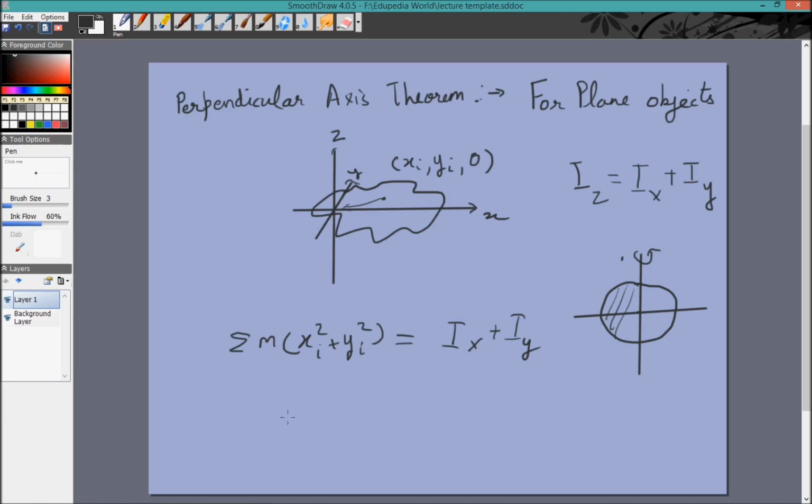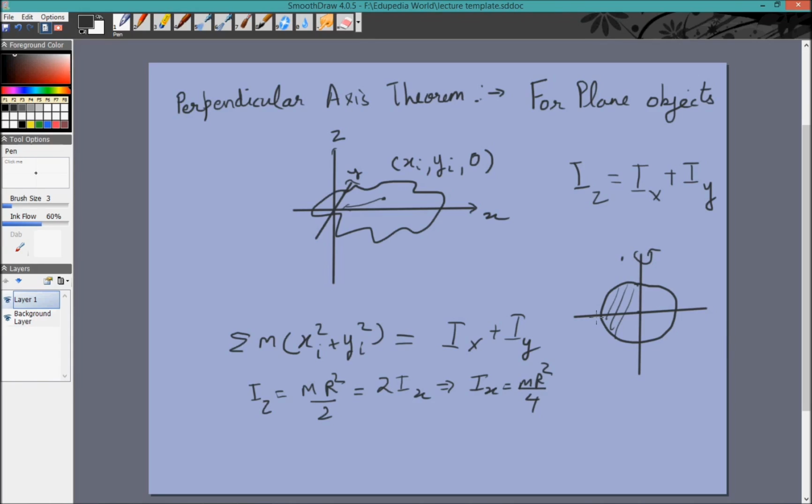And we know the moment of inertia about the z-axis, that is mr squared by 2, right? We know that is equal to Ix plus Iy, and Ix and Iy are equal by symmetry. So this gives me mr squared by 2 equals 2Ix, which means Ix is mr squared by 4.